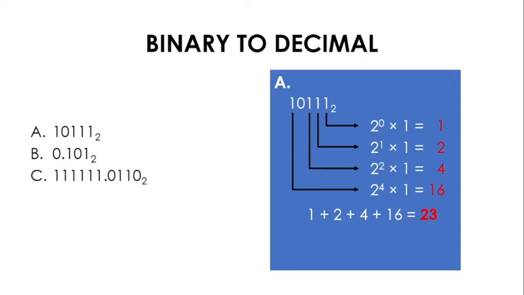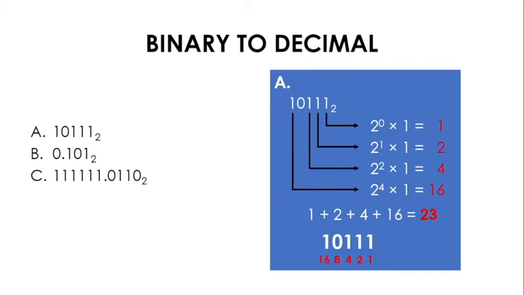Another method you can use, if you are more comfortable with it, is lining up the given and writing the equivalent of each bit for each position of the bit, starting from 1, then multiplying it by 2, then multiplying it by 2 again, so that will be 4, and so on and so forth.